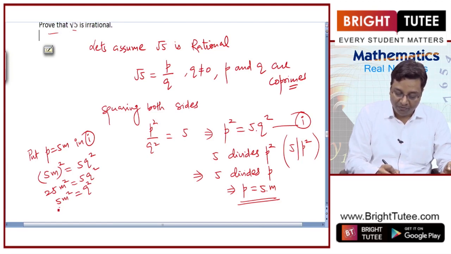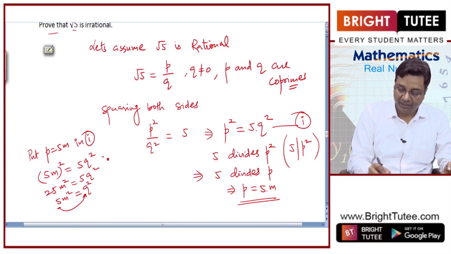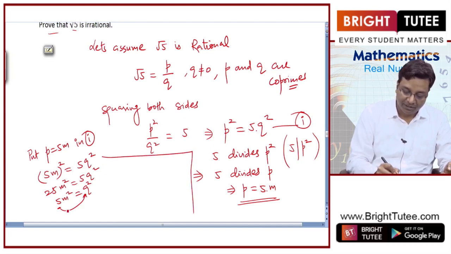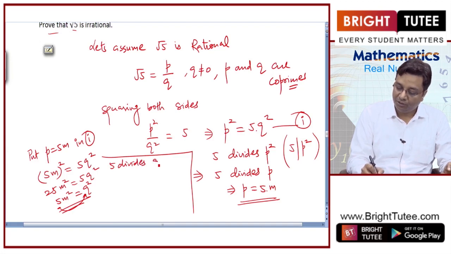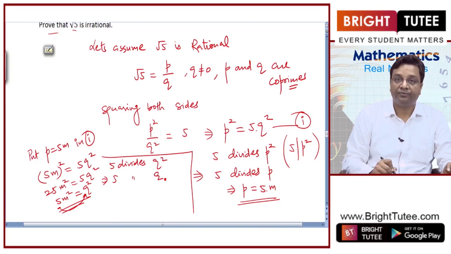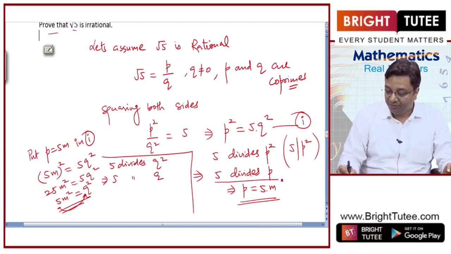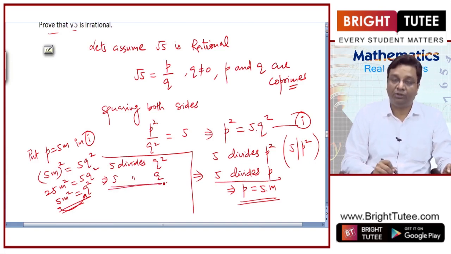Now you see 5 is a factor of q square. Hence here I can say, based on this, 5 divides q square. So 5 divides q. Now 5 divides p and 5 also divides q.